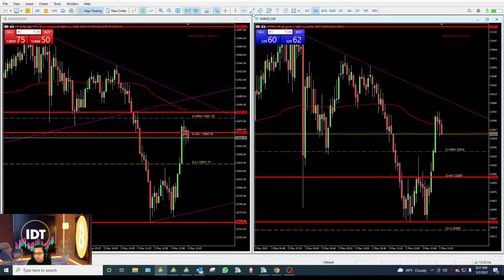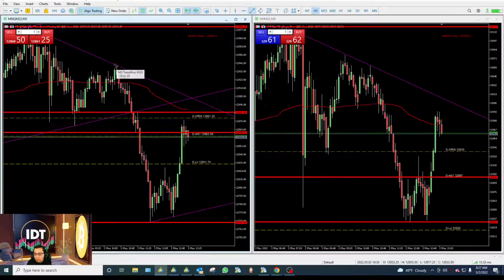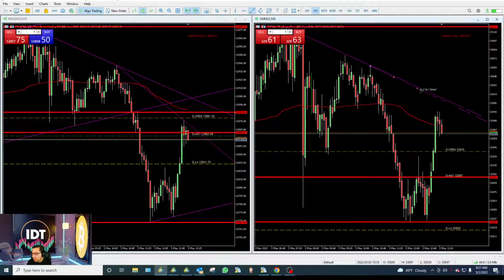This is looking interesting. I had a trend line here. The one on the Dow too, just in case.